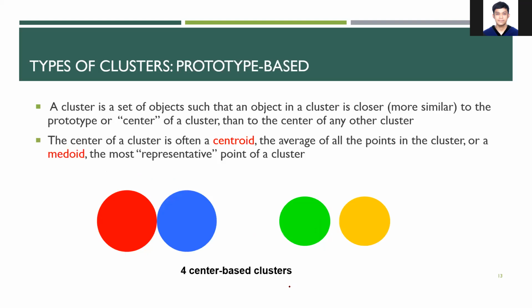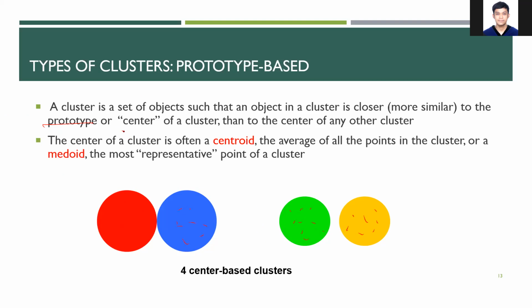We also have prototype based clusters. For example, this is a cluster, the data points inside each cluster. Each cluster will be represented by what they call a prototype, or the main representation of the cluster.